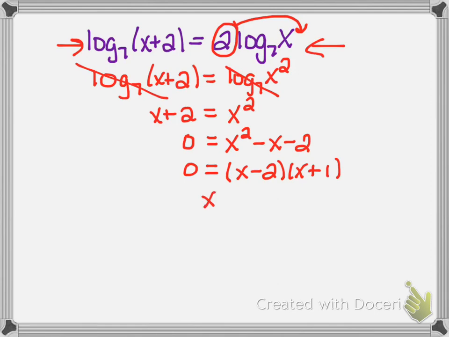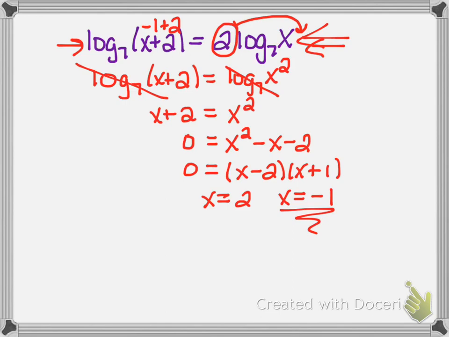And so initially I have yielded 2 answers: x equals 2 and x equals negative 1. But remember that you can't plug negative numbers into logs. And so when I take this answer right here and I check it in this original equation, plugging negative 1 in here would have been okay, because that means we would have had a positive 1 inside of that log.